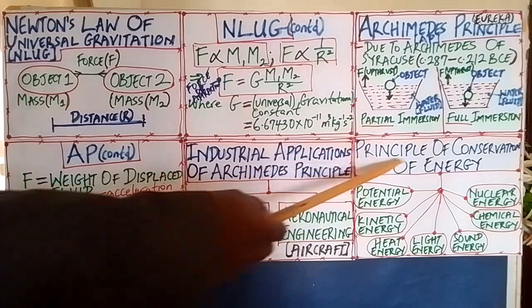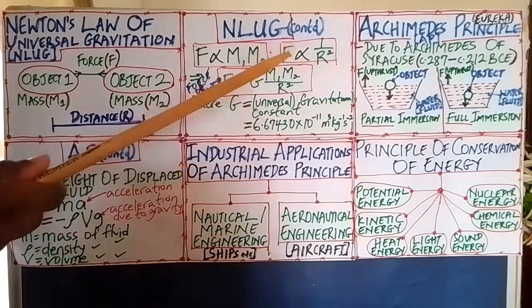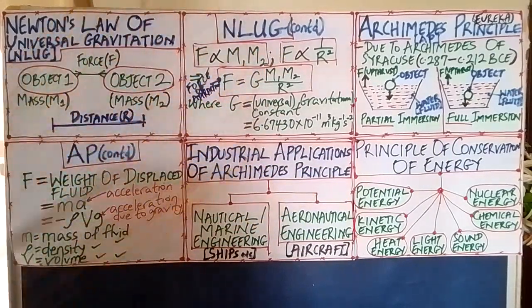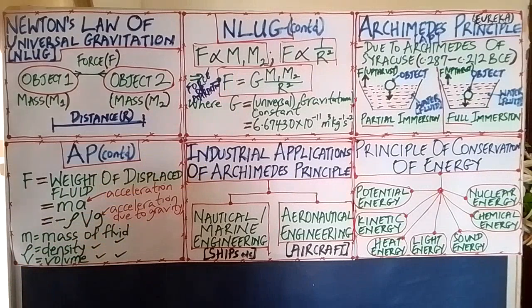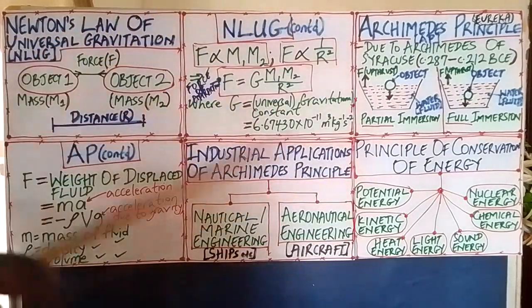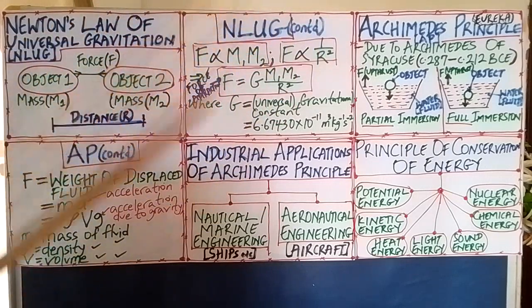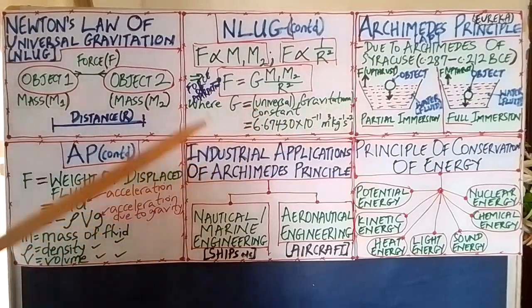So what the principle of conservation of energy stands for is that when you have a closed system, and you have energy being converted from one form to the other, and so on and so forth, provided you have a closed system, within that system, the total amount of energy in the system is constant. Energy can be converted from one form to the other, but it is not destroyed. So that is the principle.